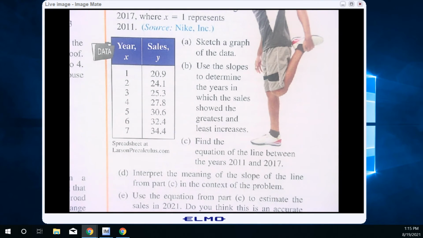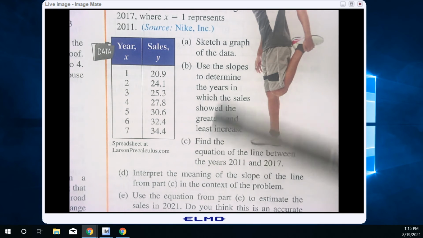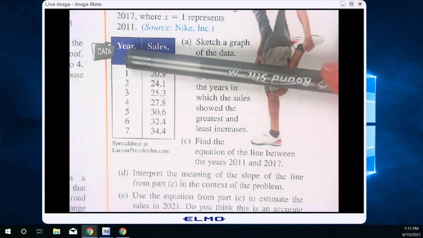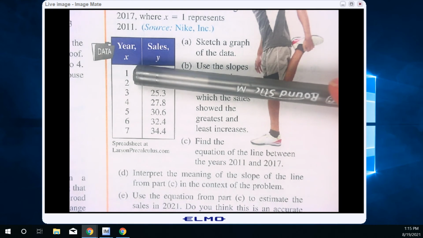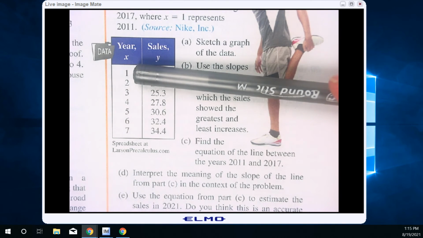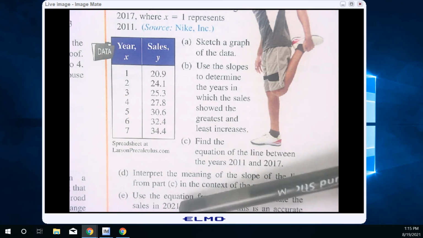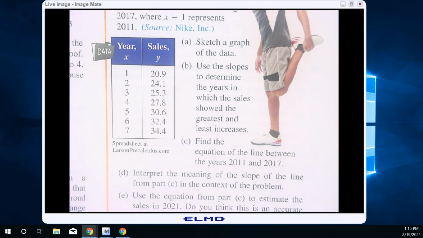All right. Now use this equation to estimate the sales in 2021. X was the year. 1 was 2011. What number represents 2021? 21. 11.